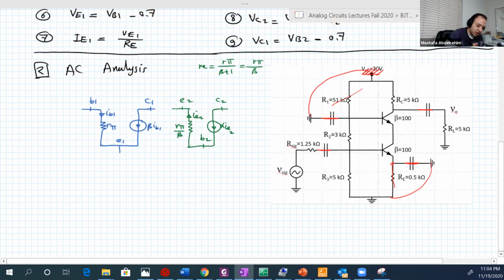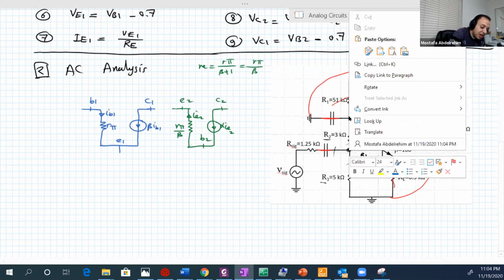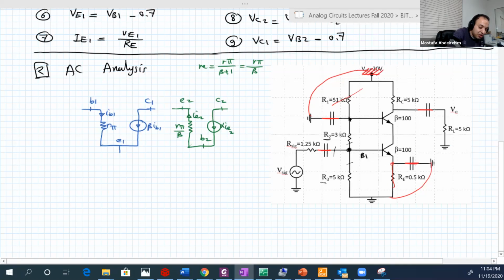So let's make it with another color. Here is base 1. Base 1 is connected to 3 branches. These two resistances R2 and R3 are actually parallel because they are connected to the same terminal, and the second terminal is the same because it is the ground, and also here is the ground.